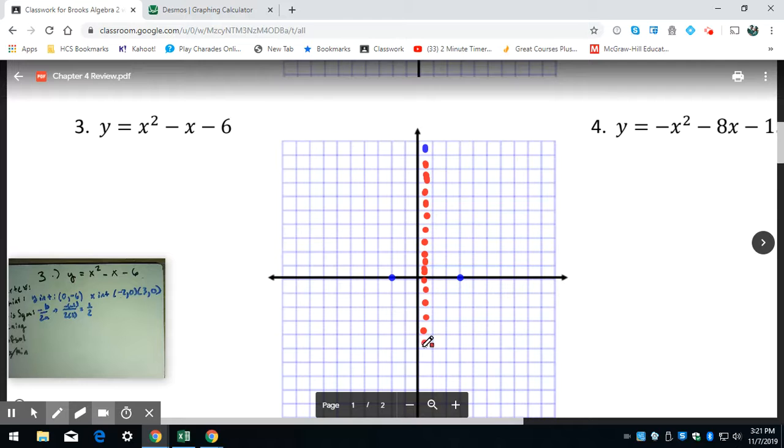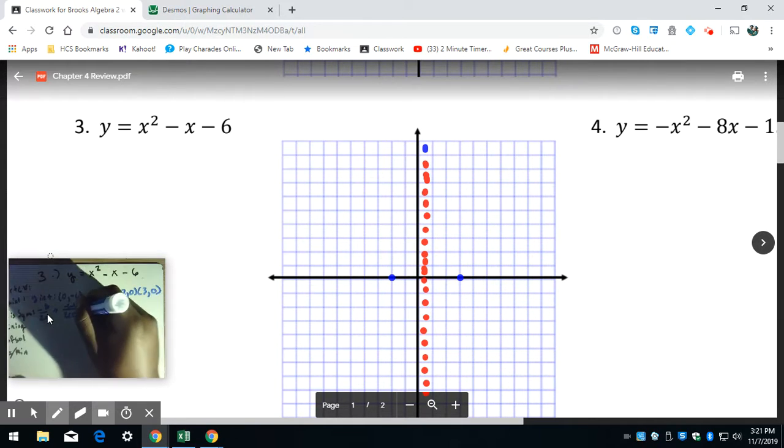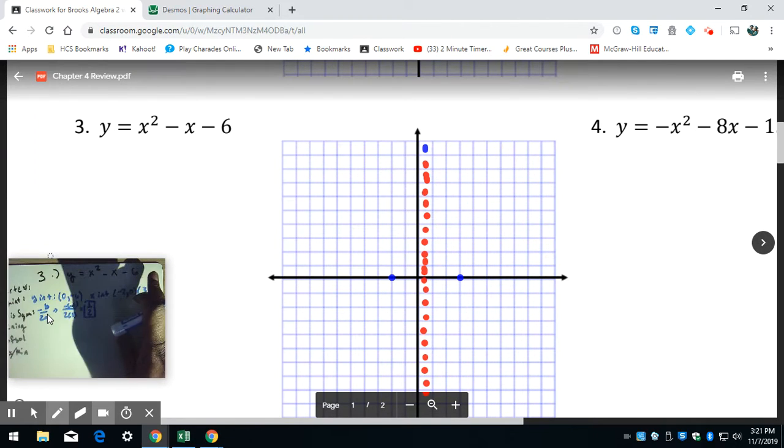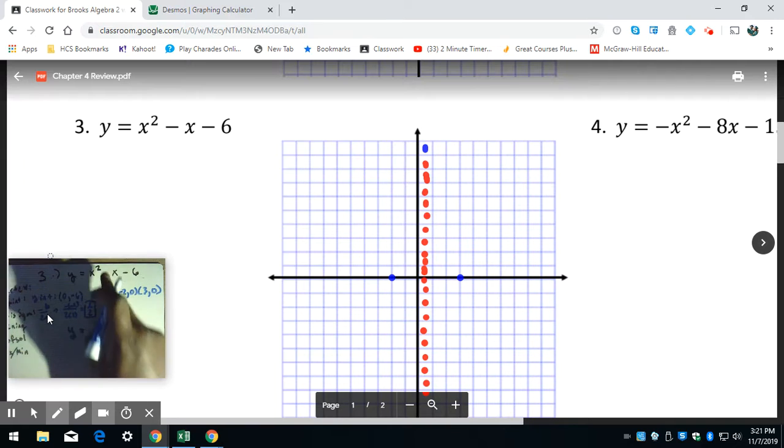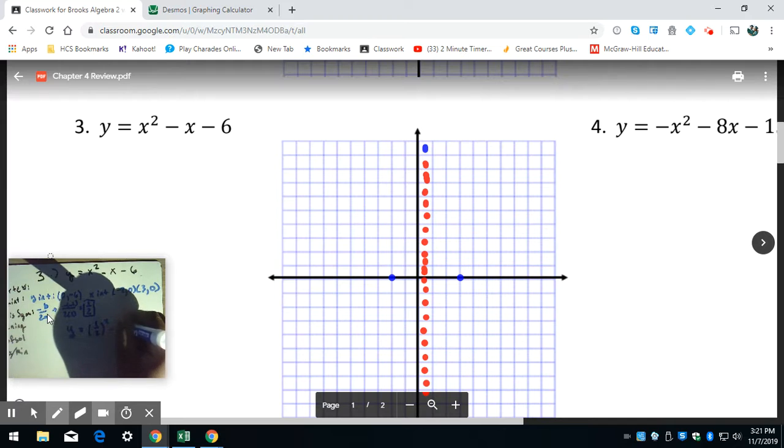And the thing is, the vertex is on the axis of symmetry. So that said, since the vertex is on the axis of symmetry, to determine the vertex, all we have to do is take 1/2 and plug it into our function to find our y value. So we'll have y equals 1/2 squared minus 1/2 minus 6.